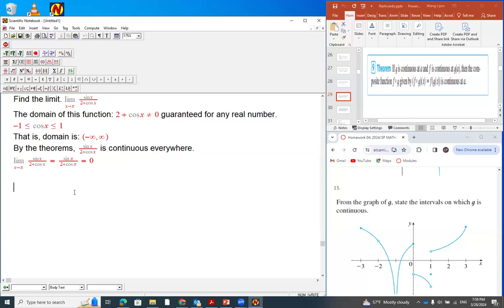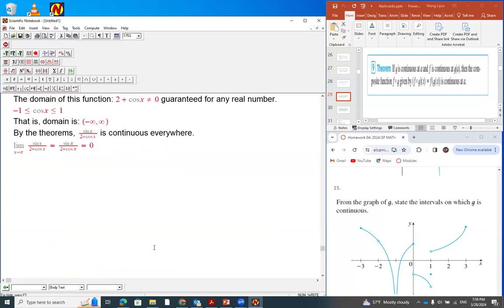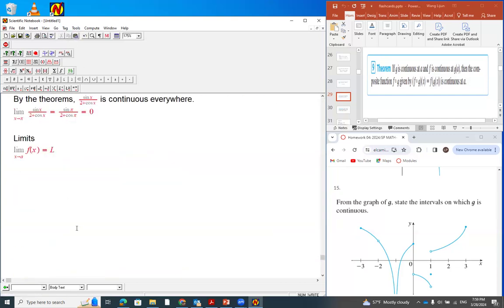For a function to have a limit, we mentioned that f is defined near A, except possibly at A.